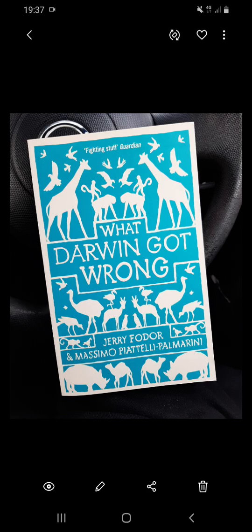There's a historical account of the genealogy of species, and there's the theory of natural selection. The main thesis of this book is that natural selection is irredeemably flawed. That's what the book says.